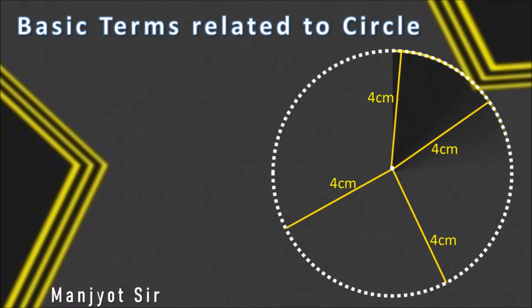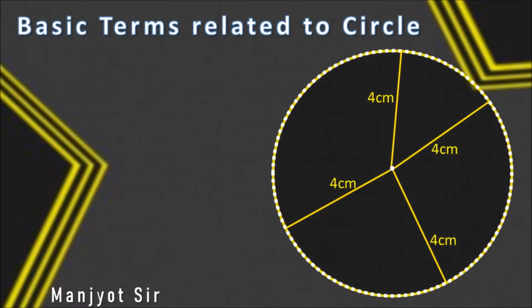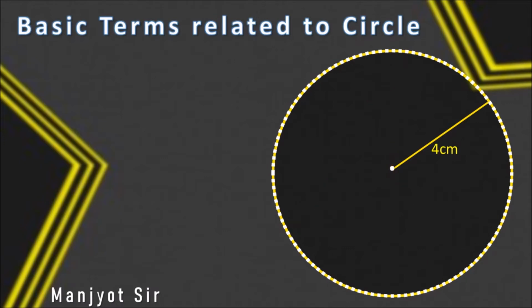Now let's see some related terms with this circle. See now, if you observe here, the fixed distance which we spoke of just now was from a point. So this point is called the center, and this fixed distance is called the radius.